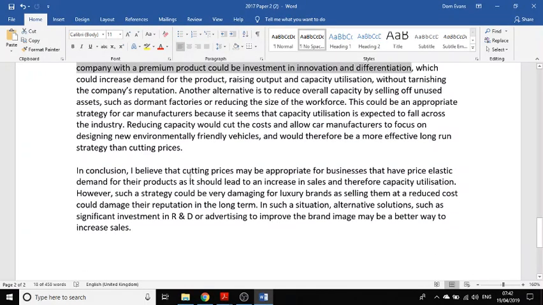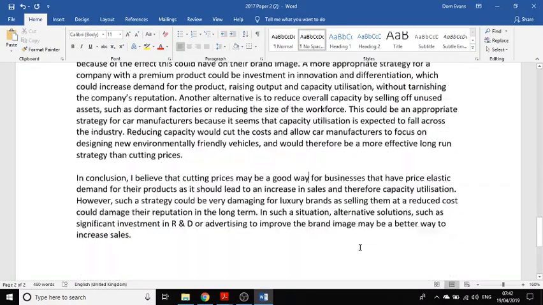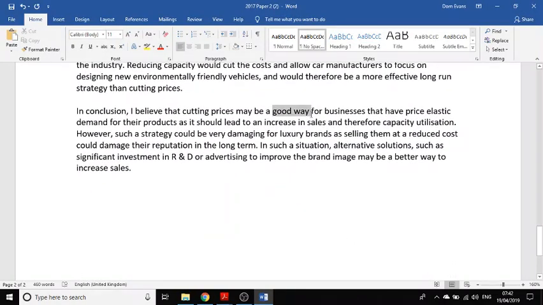So my conclusion, a good conclusion will clearly answer the question. I believe that cutting prices may be appropriate for businesses that have price elastic demand for their product. I think maybe it might even be better to say maybe a good way, right? I've changed that because the question is it a good way? So let's just echo the question.